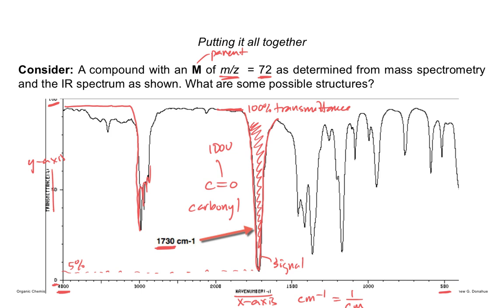So we can take 72 minus 16, and the rest of that is a carbon-hydrogen count. Then we can make further deductions while there's a degree of unsaturation, so that needs to be accounted for in the math that we figure out.